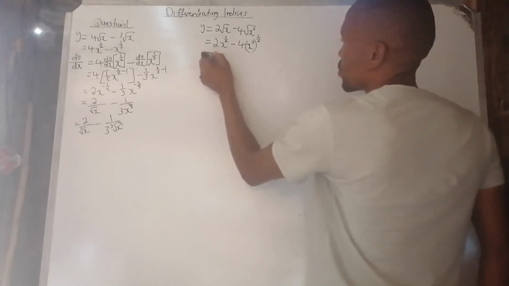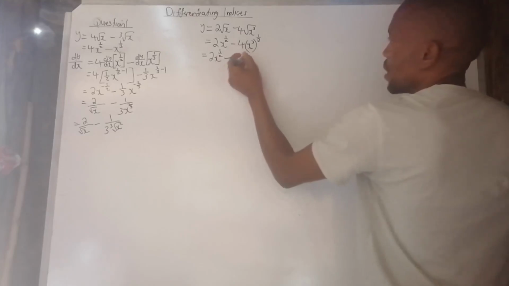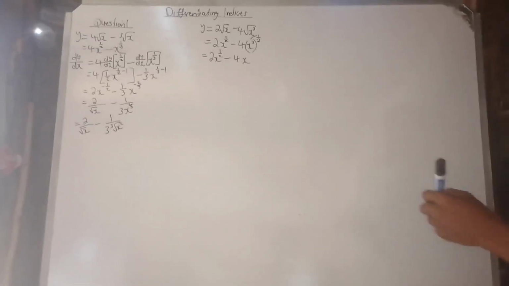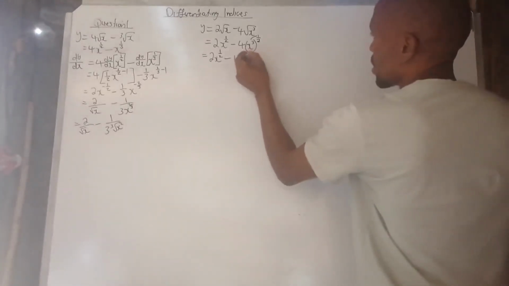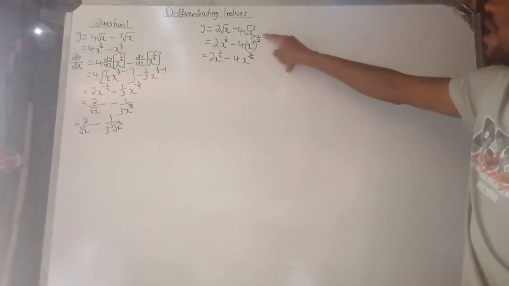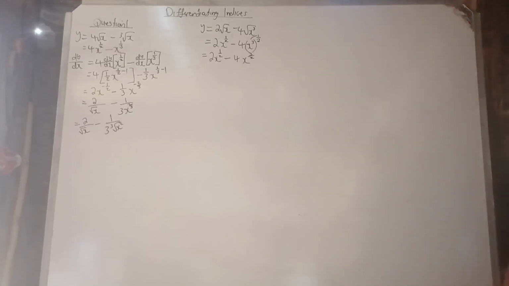So I'm going to say 2x to the 1/2 minus 4. I'm going to say x, multiply 3 with 1 and get 3, over 2. 3 times 1 is 3 divided by 2. Now that you have written it in the standard way, where you have the bases with their respective exponents, now we can begin to differentiate.